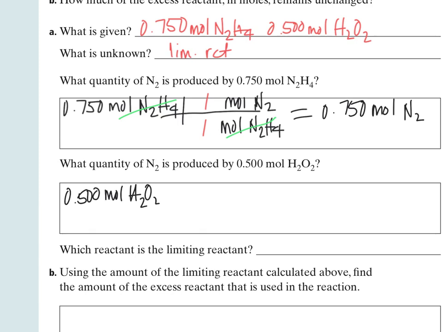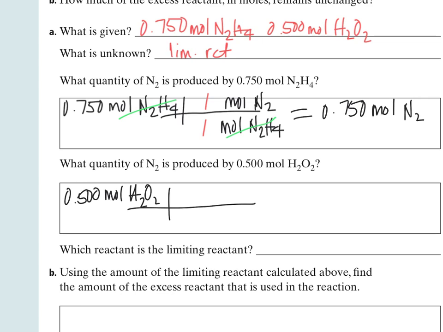What would happen if instead of mole quantities for my givens, what if they gave me gram quantities? I've got to go from grams of my given to moles of my given, right? So now that I have 0.500 moles of the hydrogen peroxide, I'm going to moles of nitrogen gas.